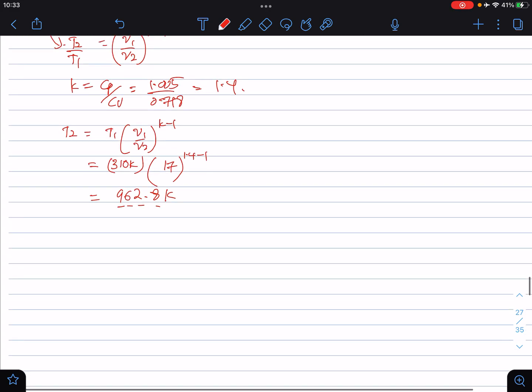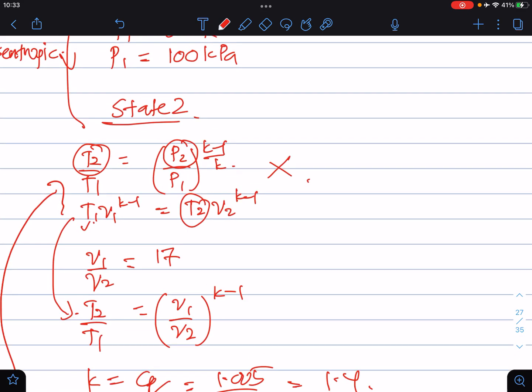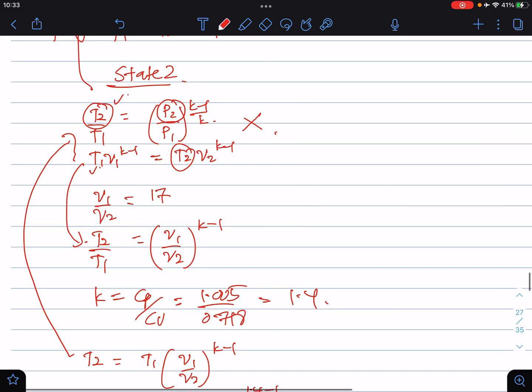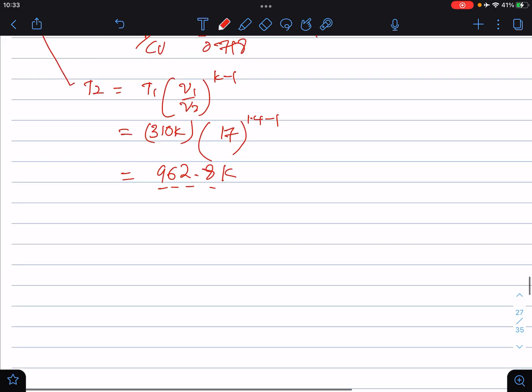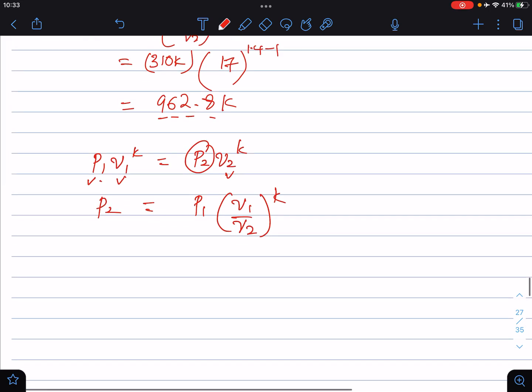Now that we have T2, you can go back to get the value of P2, or you can use another isentropic equation that relates pressure and volume, which is P1 V1 power of K equal P2 V2 power of K. We already know P1 and the ratio of V1 and V2, so the only unknown is P2. So P2 equals P1 times V1 over V2 power of K.